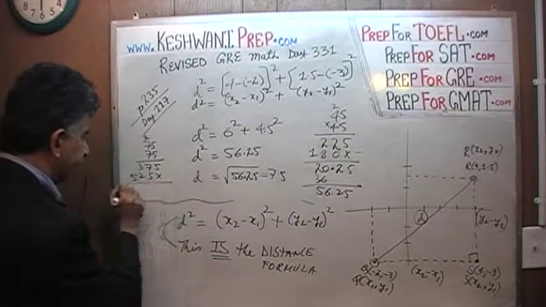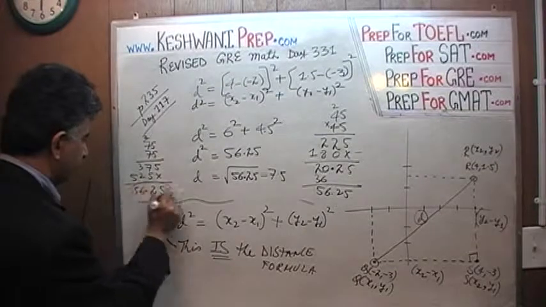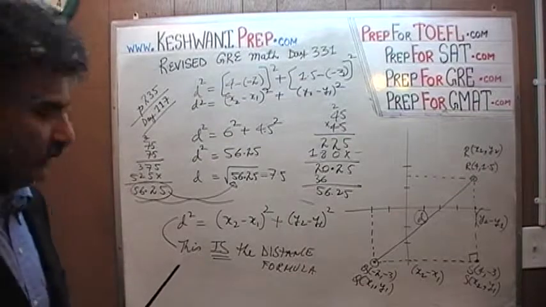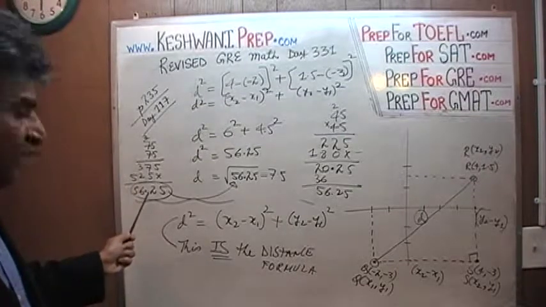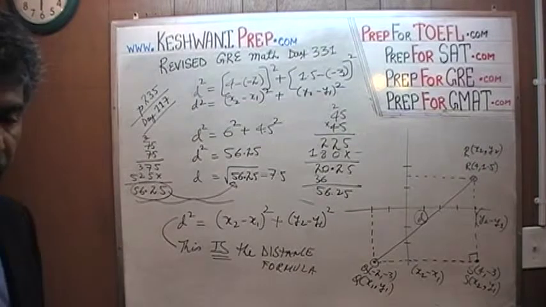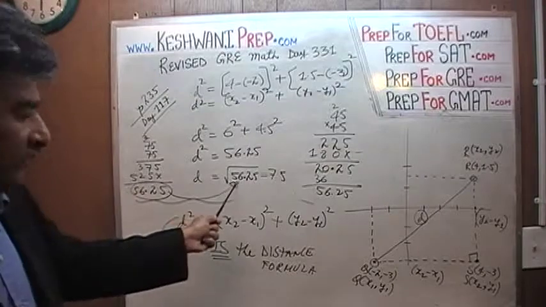So it gives 5, 12, carry 1, 6, there you go, 56.25 exactly. So it turns out that the book is right. 75 times 75 is exactly 5,625, therefore 7.5 times 7.5 is going to be 56.25.